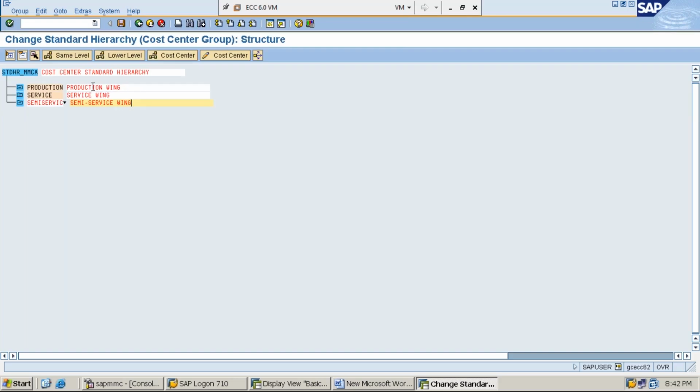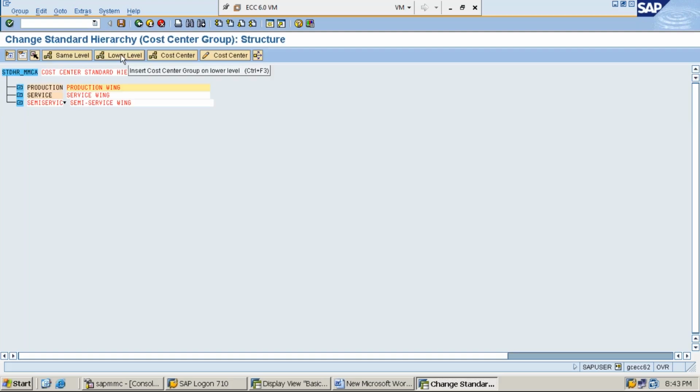All right. Now, continuation. Keep the cursor on the description production wing. Click on lower level.